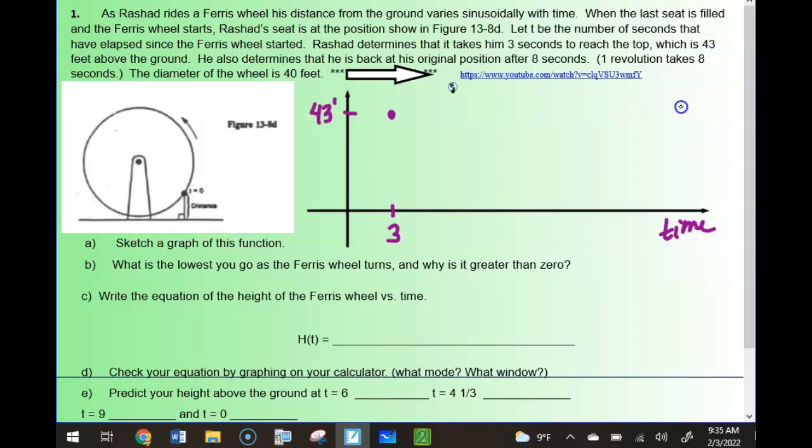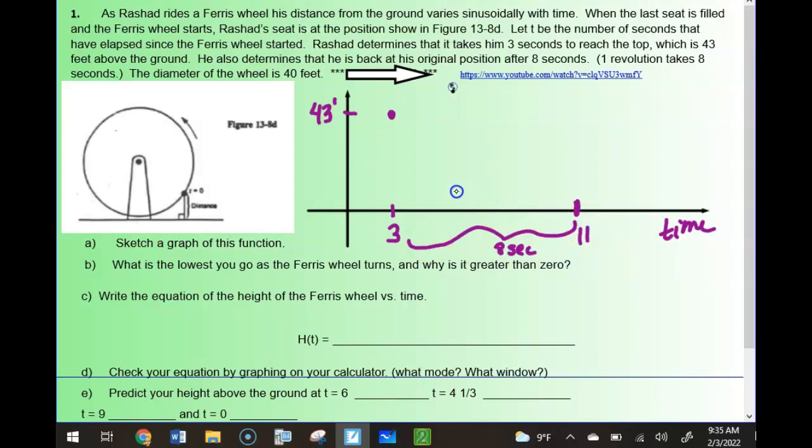So it's 8 seconds around. So let's think about that. How long until he's back at the top? 8 seconds, which would be what point on his journey? How many seconds from when he started? Would that be at 11? Okay, 8 seconds later, everybody with me?